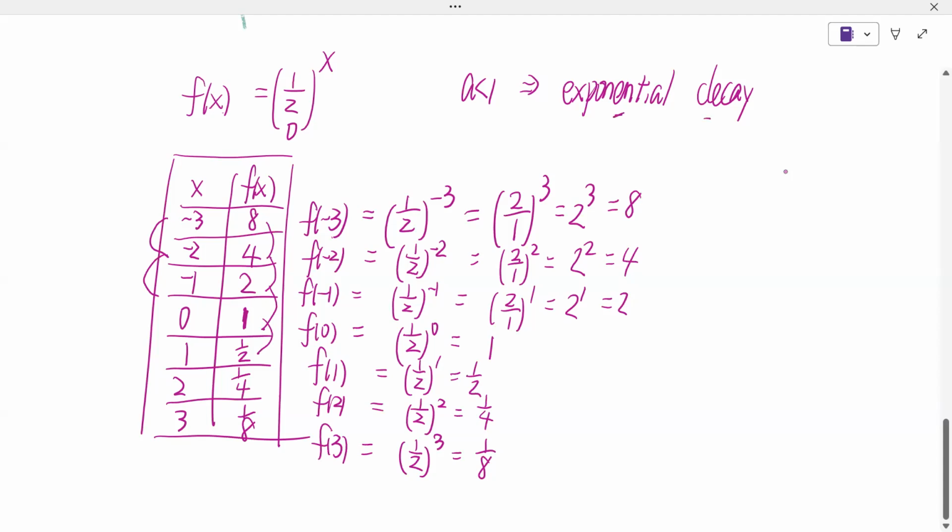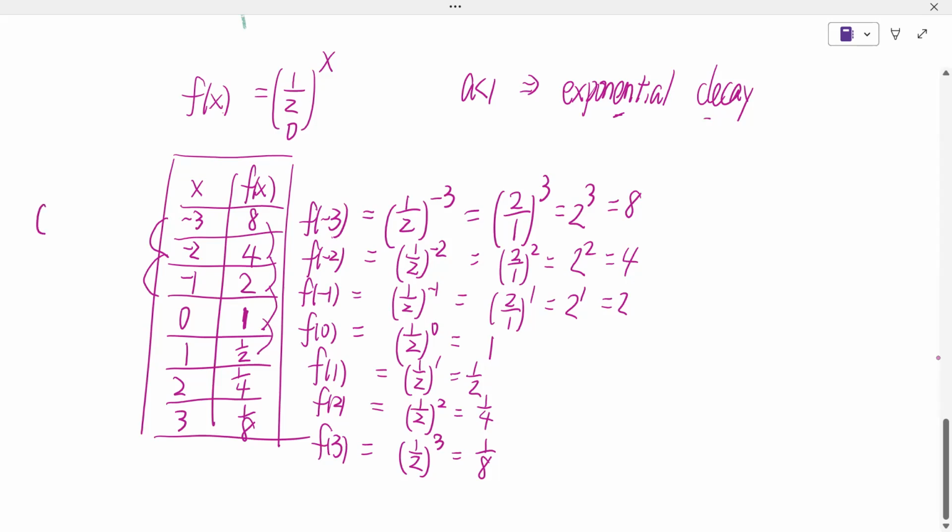Basically, how fast does the function go down in an exponential way? So the base is a key factor, or you can say a determining force to understand this exponential function. Okay, so now let's graph it, right?